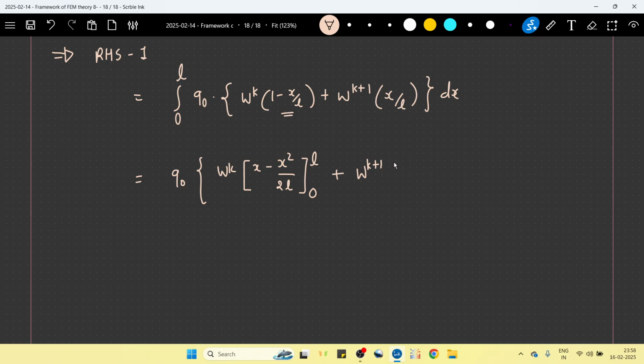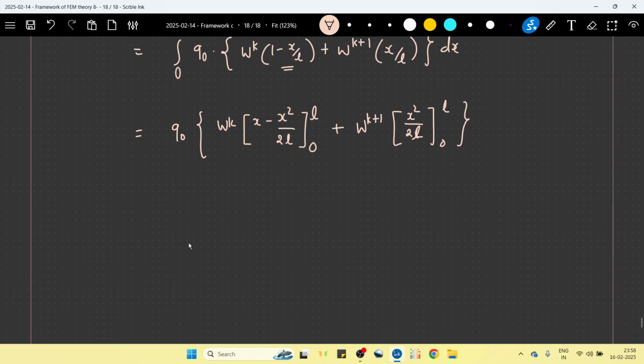The integration of x by L is x square by 2L, limit 0 to L. So if I derive this, what I will get is Q0 L by 2 WK plus Q0 L by 2 WK plus 1.